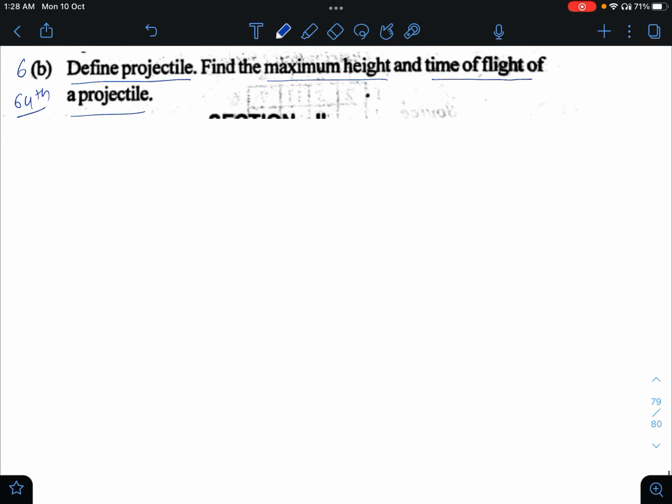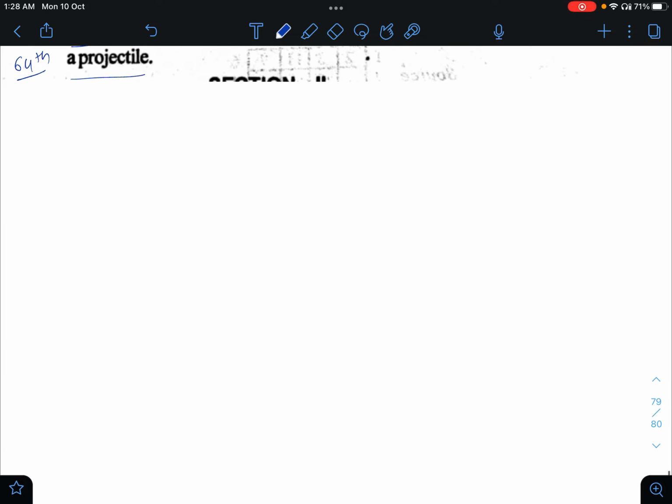Let us assume that if we throw a ball in the air, not in the vertical direction but somewhat in this direction, then the body thrown is called a projectile, and the curved path described by this body is called its trajectory.